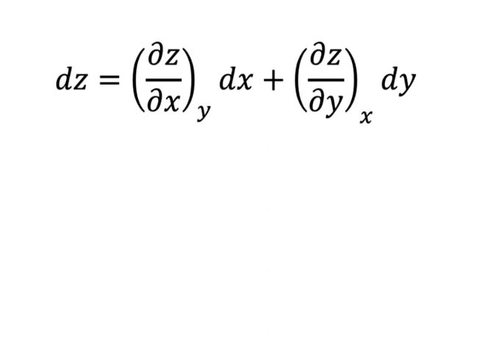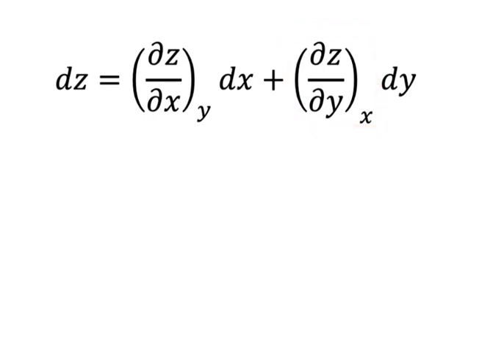The exact differential of a function z continuous in the variables x and y is dz = (partial derivative of z with respect to x) dx, keeping y constant, plus (partial derivative of z with respect to y) dy, keeping x constant.